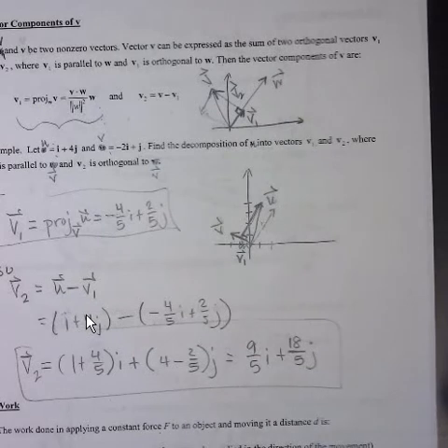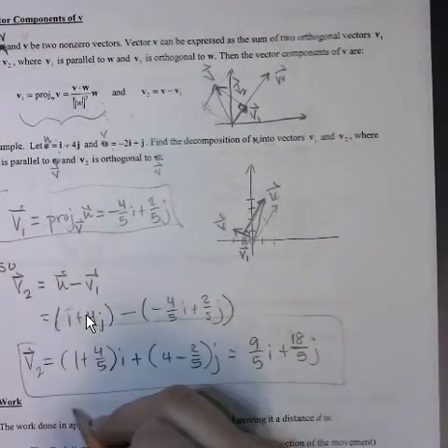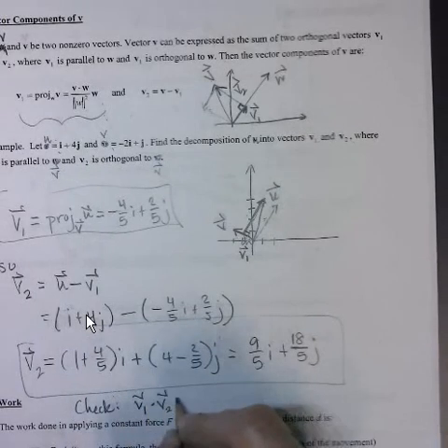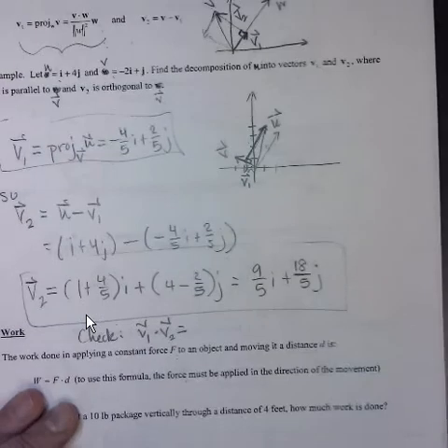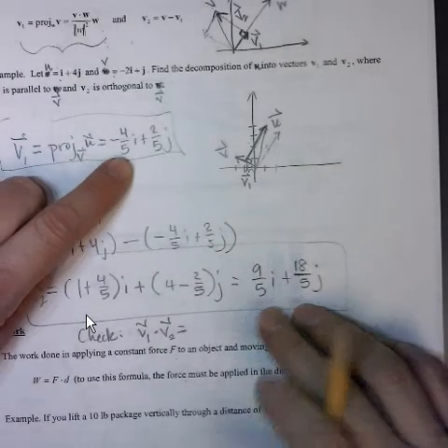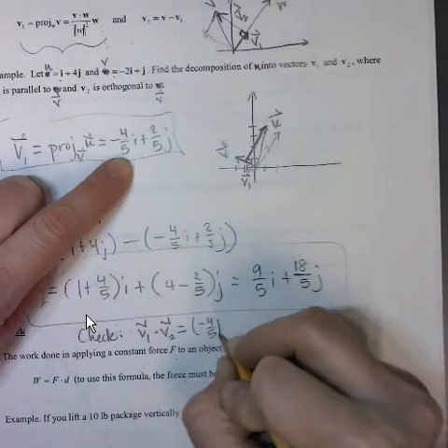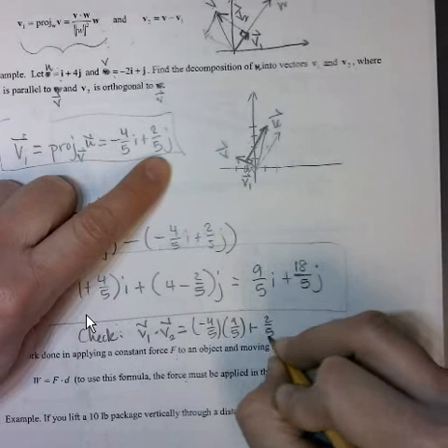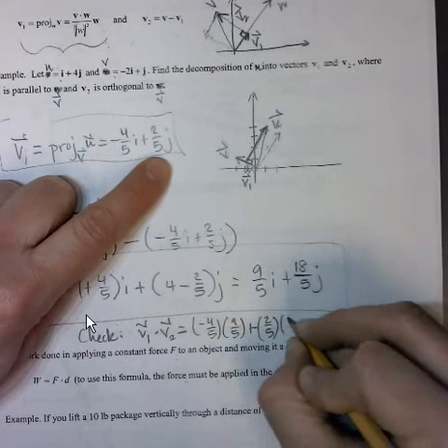So check v1 dot v2, making sure they're orthogonal. Negative 4/5 times 9/5 plus 2/5 times 18/5, and this is a good check.